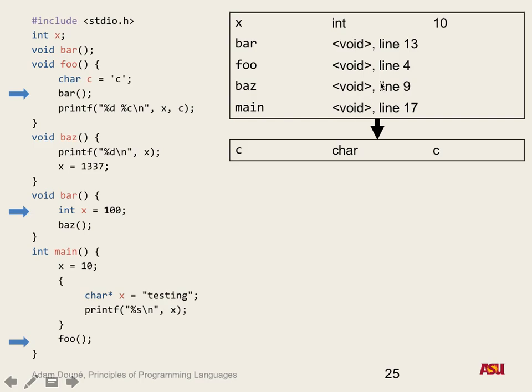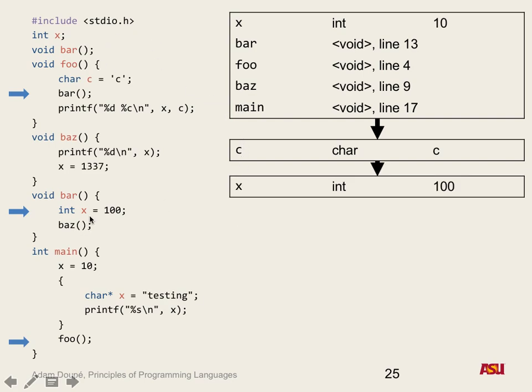We have the global variables, which called main. But main didn't declare anything, so we don't have main in our symbol table. And then main called foo, and foo declared C. And then C called bar, and bar now includes a new integer x that's declared in bar.